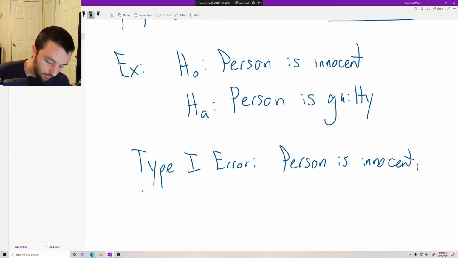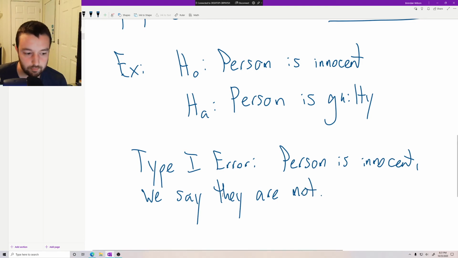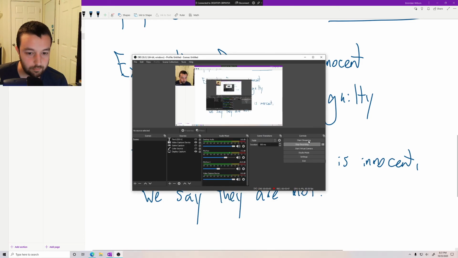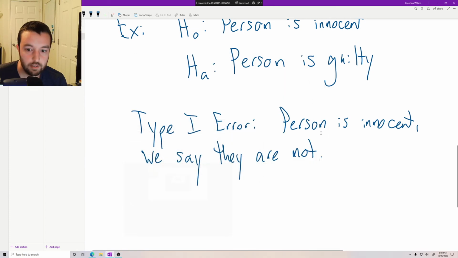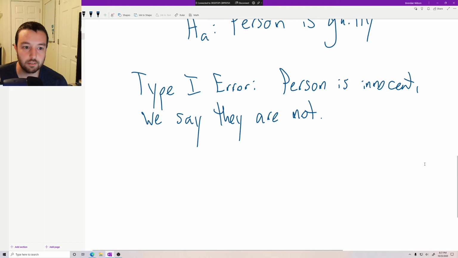Right. Okay. So the person's innocent, we say they're not. That's pretty bad, right? We would be falsely convicting an innocent person.